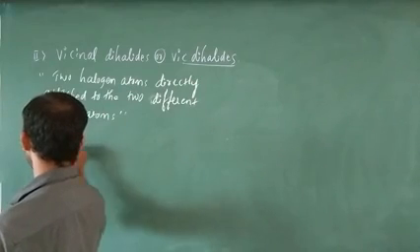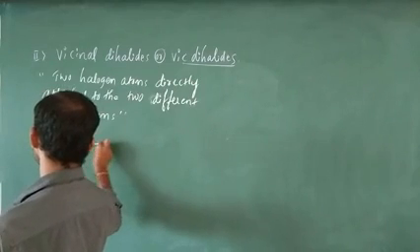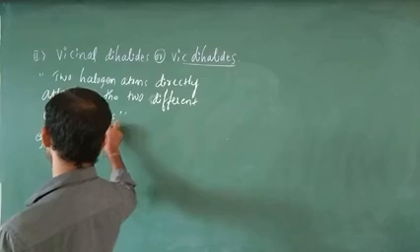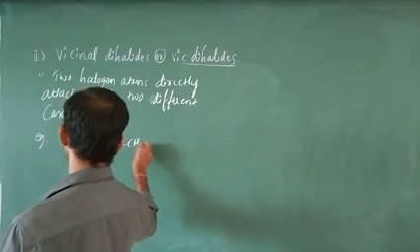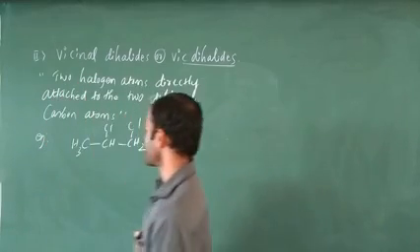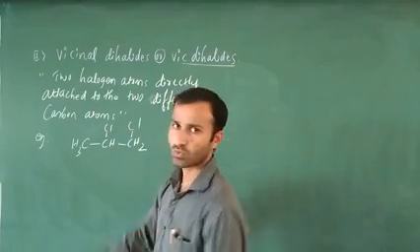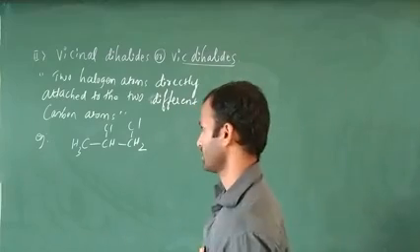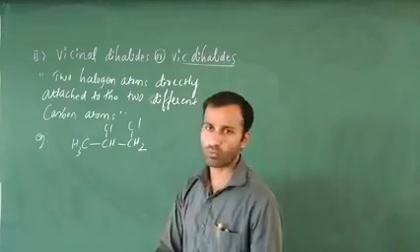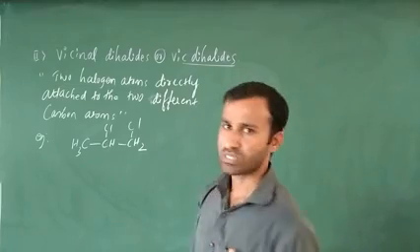Next, the example: CH3, CH with Cl, then CH2 with Cl. Satisfy the valency of the carbons; four sigma bonds are present, the carbon contains four bonds. This is an example of vicinal dihalides.